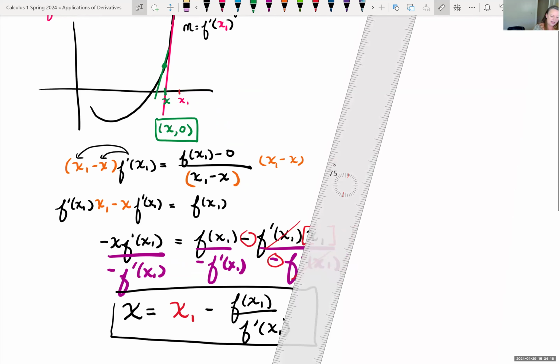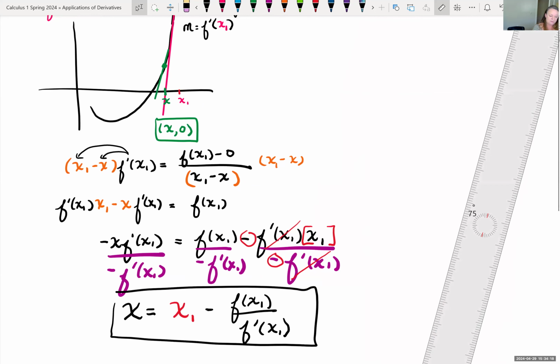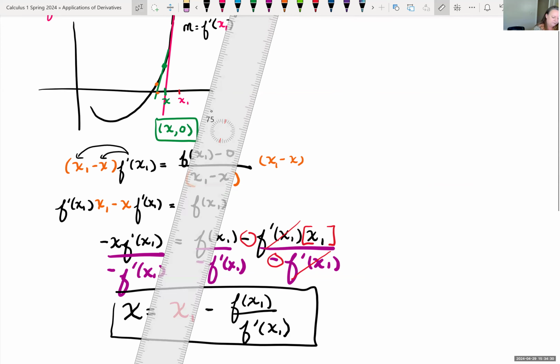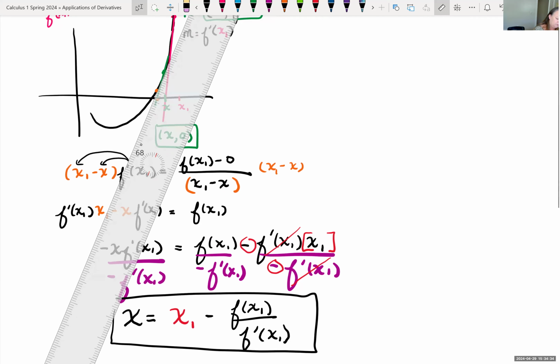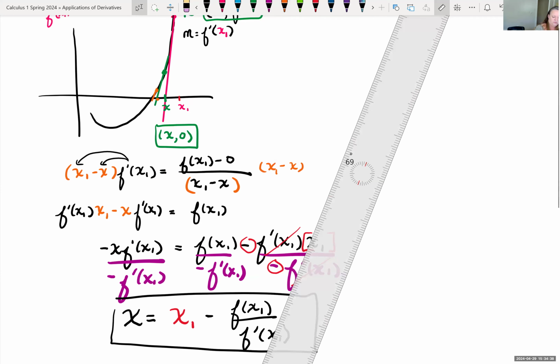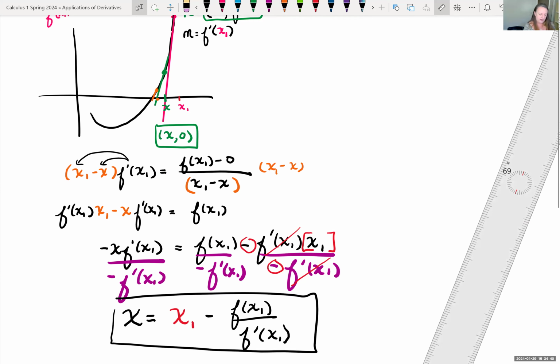And notice that that gives us a closer estimate of where our graph is crossing the x-axis. If we keep repeating that process, we'll get closer and closer to this value where it's crossing. And we'll get a great estimate on that.